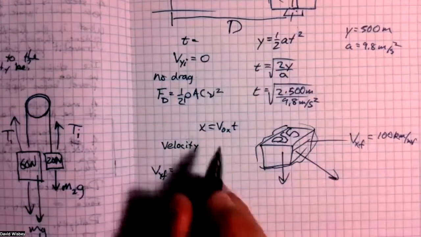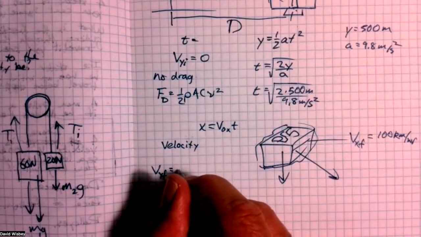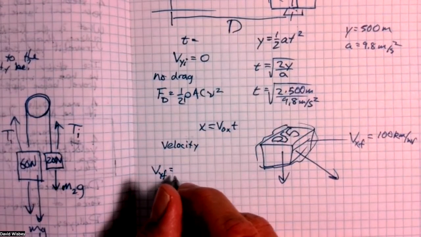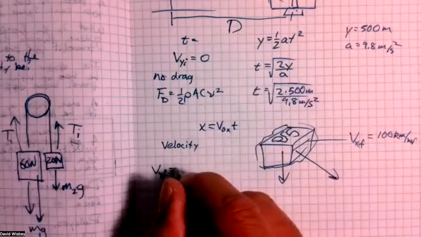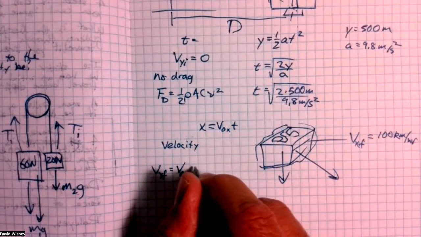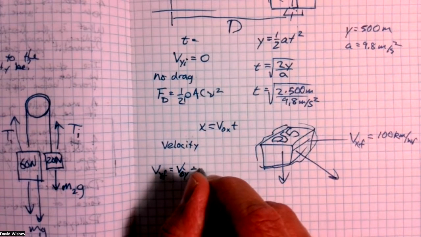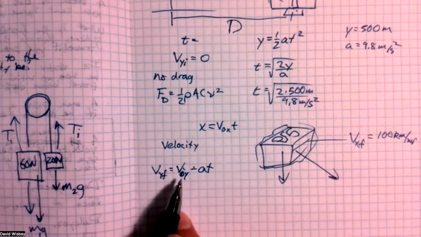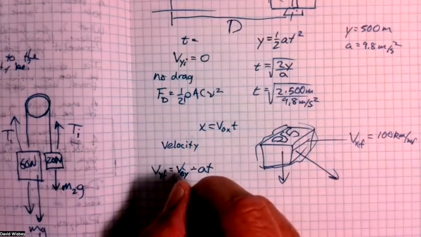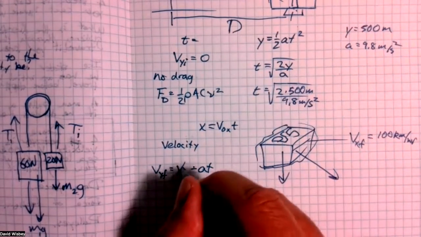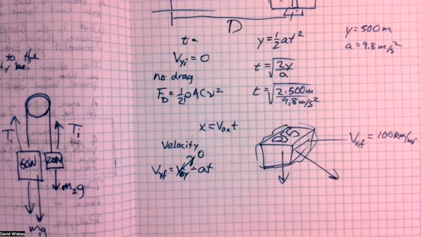We could say Vy final is equal to initial velocity plus acceleration times time. So yes. V0y, or V initial, minus AT, right? And what's its initial y velocity? Well, that should be 0, because it didn't have any initial y velocity.